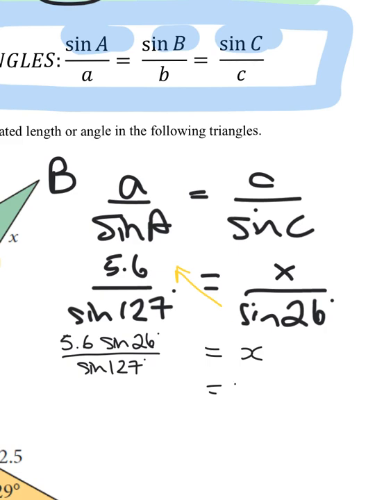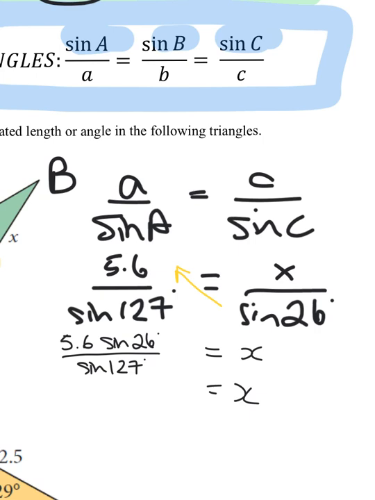So on your calculator, you're going to have a little more calculation to do. So of course, start on the top as well. If you're using your calculator on your phone, make sure, of course, you're in degrees. You're going to start with your angle and then hit sine and then times 5.6, then divide by the angle, sine, and then hit equals. Okay, so you need to do all that first.